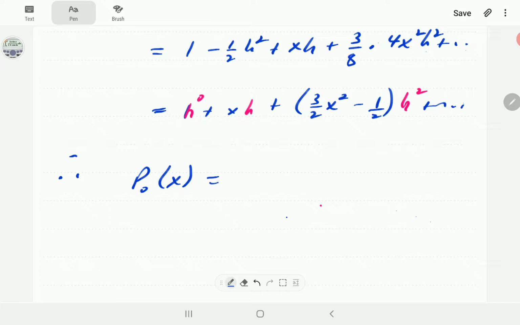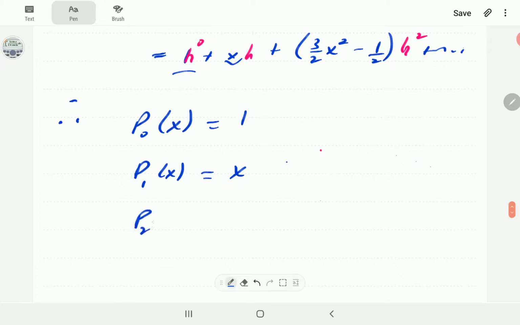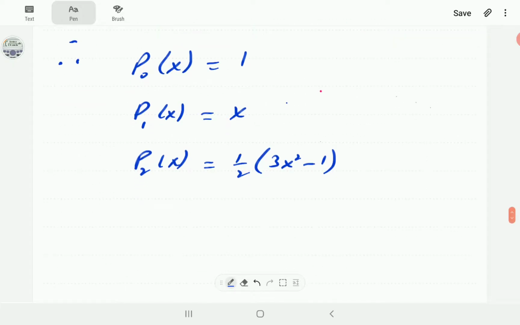So that means P0 is going to be 1 from this term. P1 is going to be x from this term, and P2 is going to be 1/2 into 3x squared minus 1. We're going to see graphs of these in a moment. So yeah, there you go.